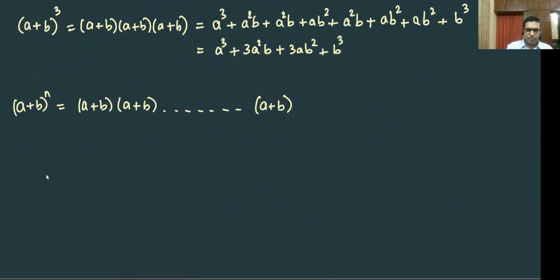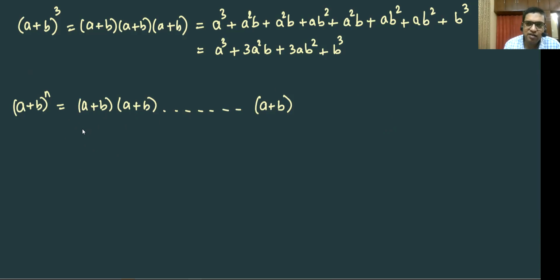Now I will select from each factor. I will count the selections of b from different factors. How many factors will I choose to select b?